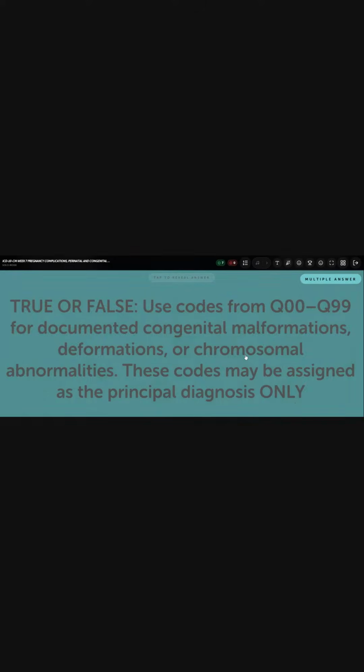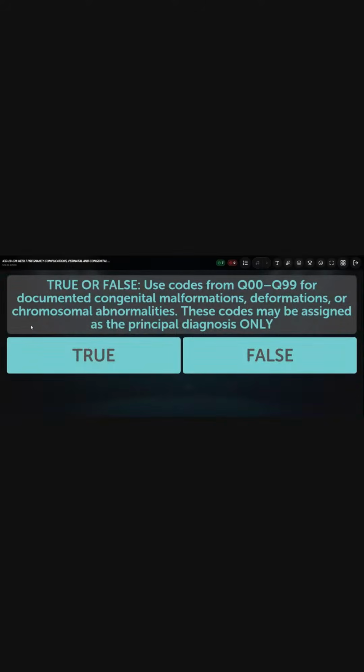Let's take a look. Okay, this is a long one. Okay, true or false? Use codes from Q00 through Q99 for documented congenital malformations, deformations, or chromosomal abnormalities. These codes may be assigned as the principal diagnosis only. True or false?